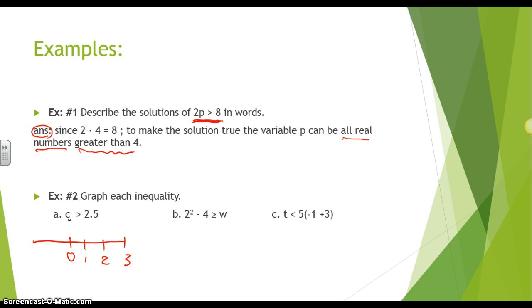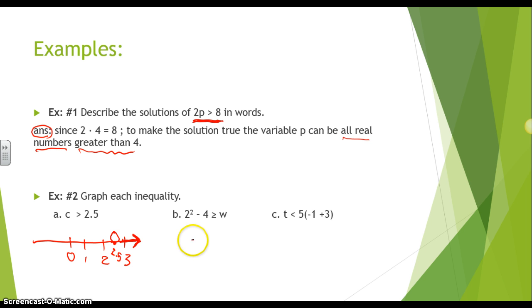So I'm going to find 2.5 on my number line, which is right there, and it's saying C is greater than that. Since it's not including the line underneath, I'm going to have an open circle at 2.5, and I can label it 2.5 here. C is greater than that, so I'm going to shade everything to the right to make that a true inequality graph right there.